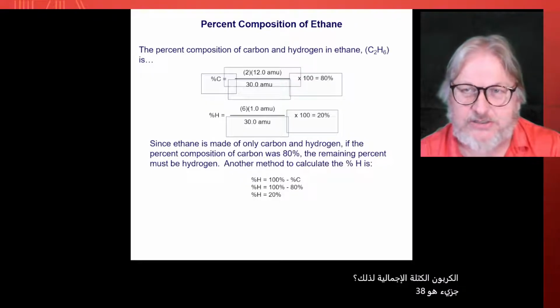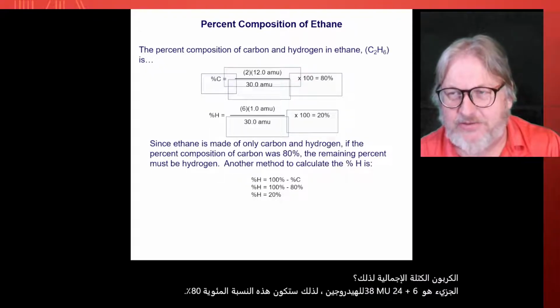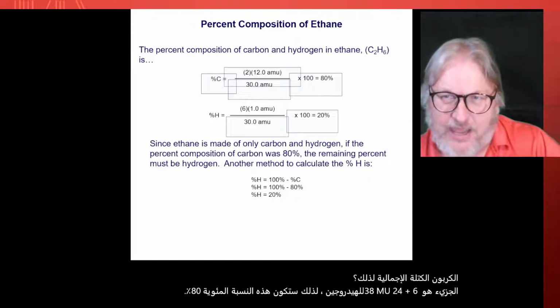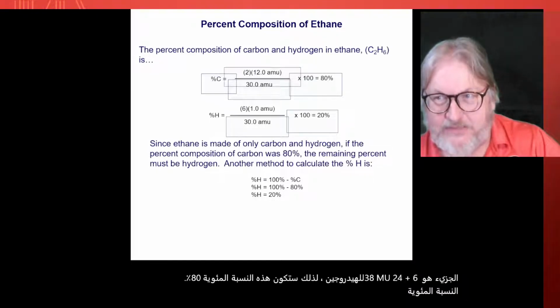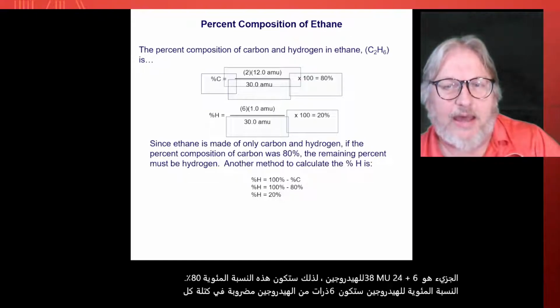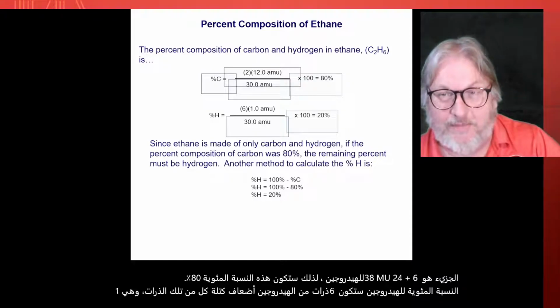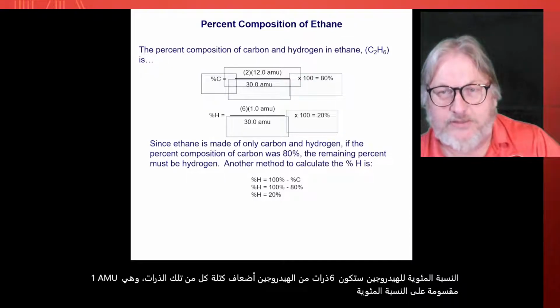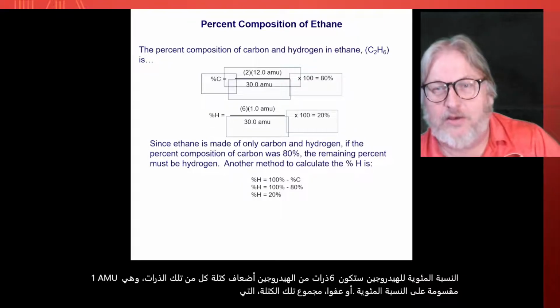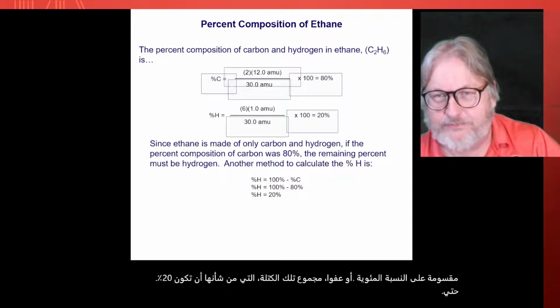So that percentage is going to be 80%. The percent of hydrogen would be 6 atoms of hydrogen times the mass of each of those atoms, which is 1 AMU, divided by the total mass. That would be 20%.